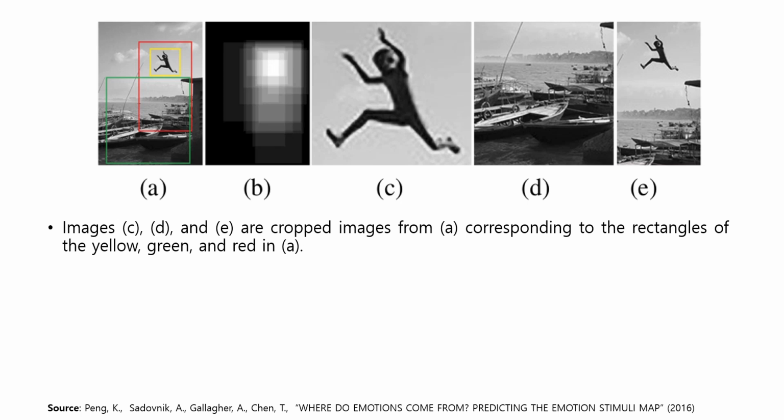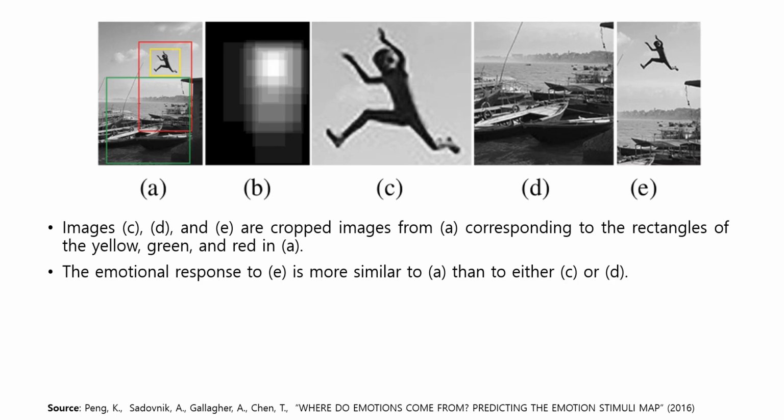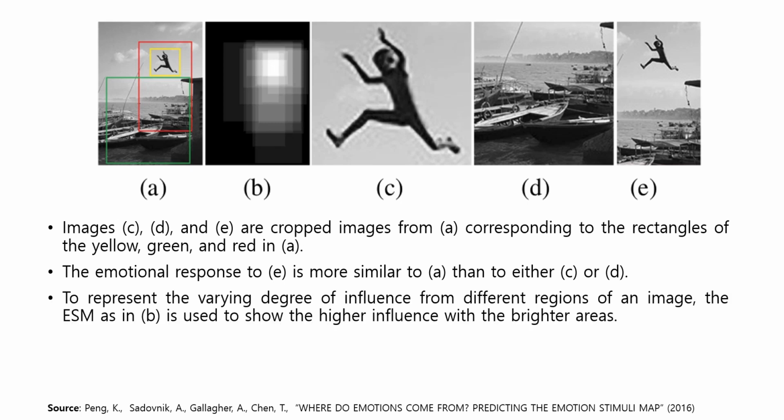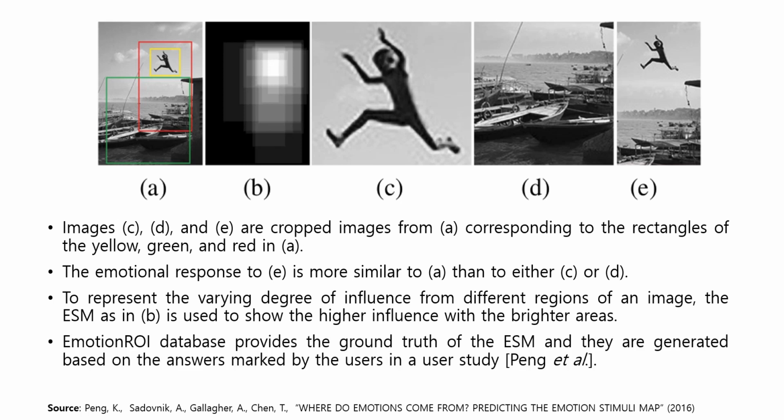Images C, D, and E are cropped images from A, corresponding to the yellow, green, and red rectangles in A, and the emotional response to image E is more similar to A than to either C or D. To represent the varying degree of influence from different regions of an image, the ESM, as in B, is used to show higher influence with the brighter areas.